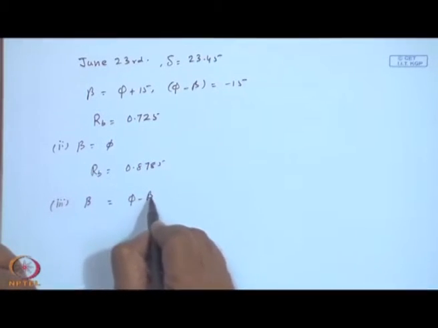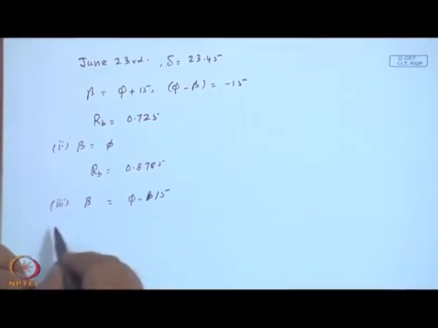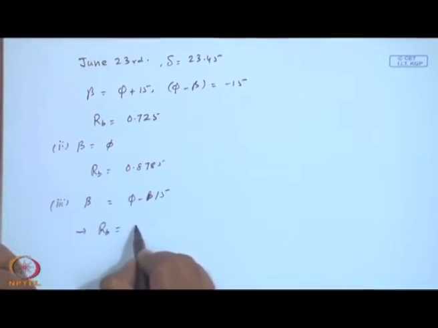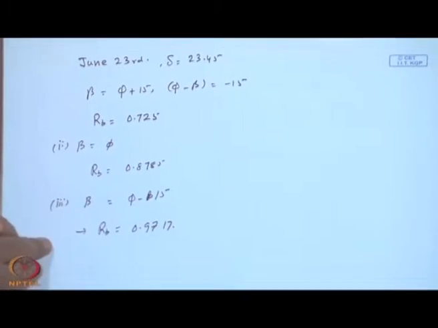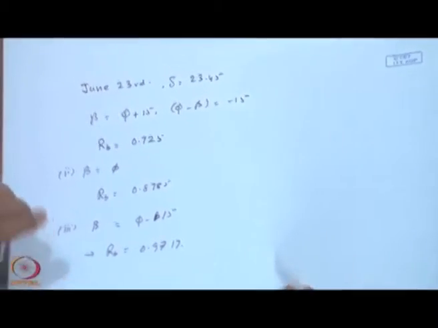Phi minus 15, and this gives rise to RB 0.9717. One thing that has come out clearly, compared to March 21st, June 23rd has poorer RB for these orientations.